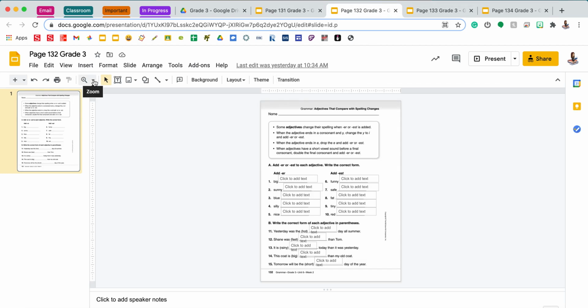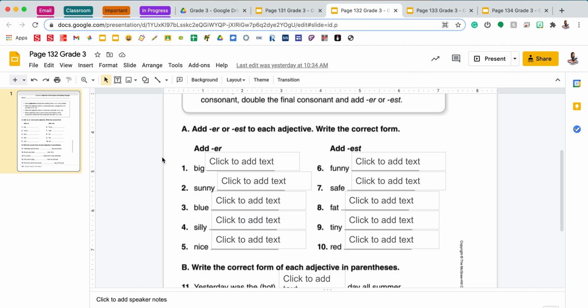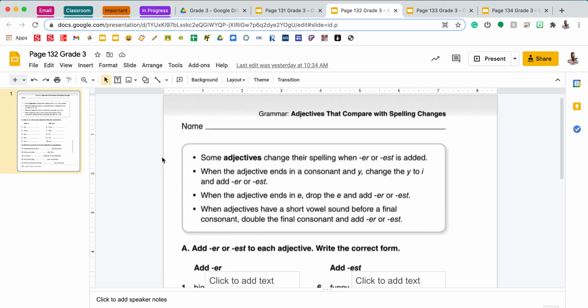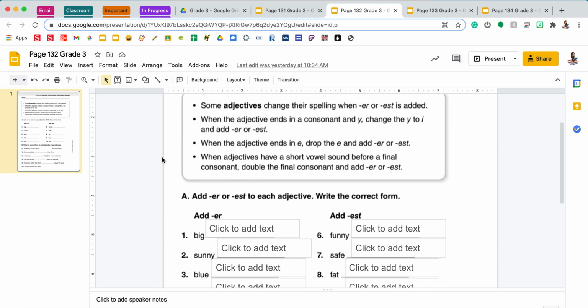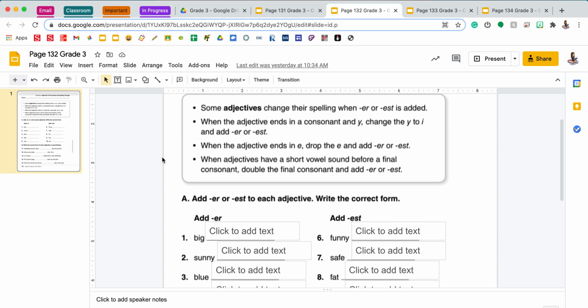Your next page is page 132, and this is looking at adjectives that compare with spelling changes. So some adjectives change their spelling when we add ER or EST. When an adjective ends in a consonant and Y, we change the Y to an I and then add ER or EST.